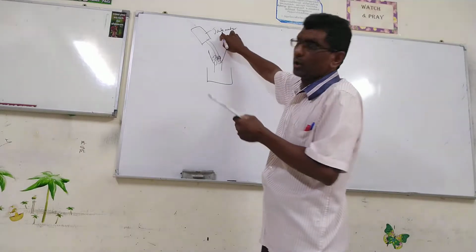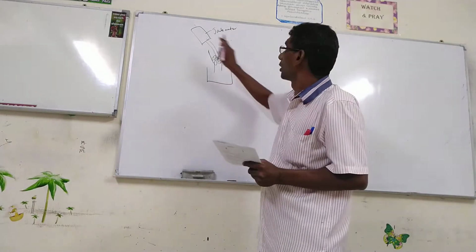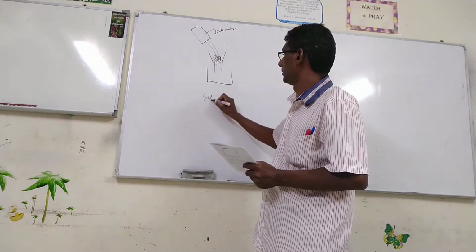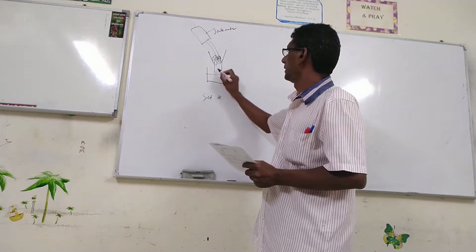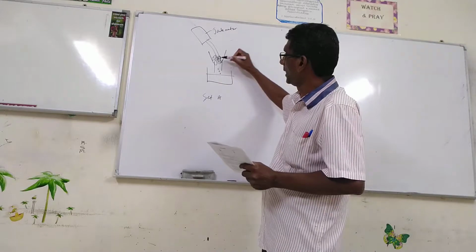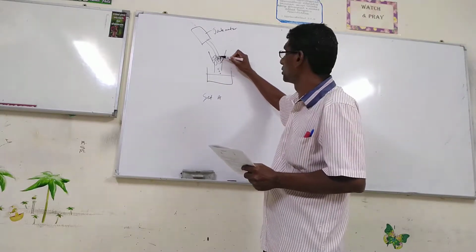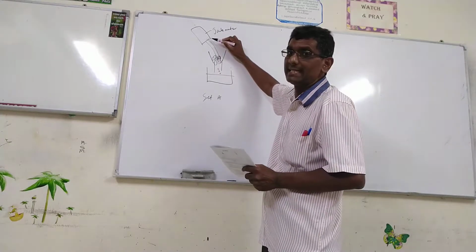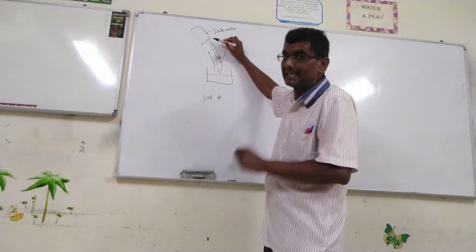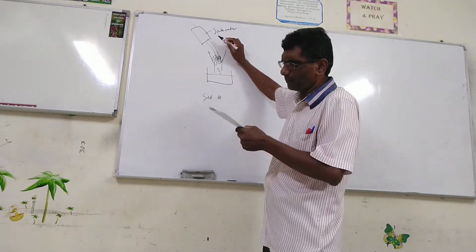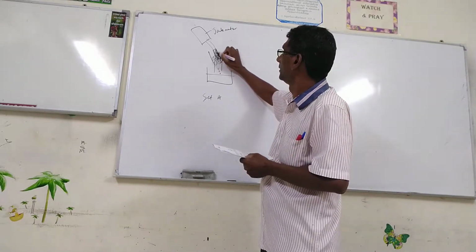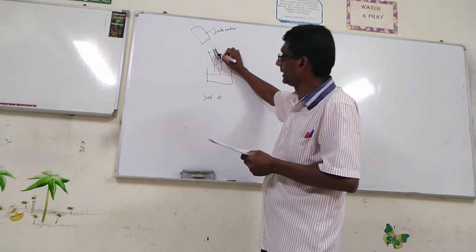Joule meter means connected to electricity. So the water is dripping. These ice cubes, and a joule meter connected to electricity. So the heater, they put a heater. The heater is connected to electricity.